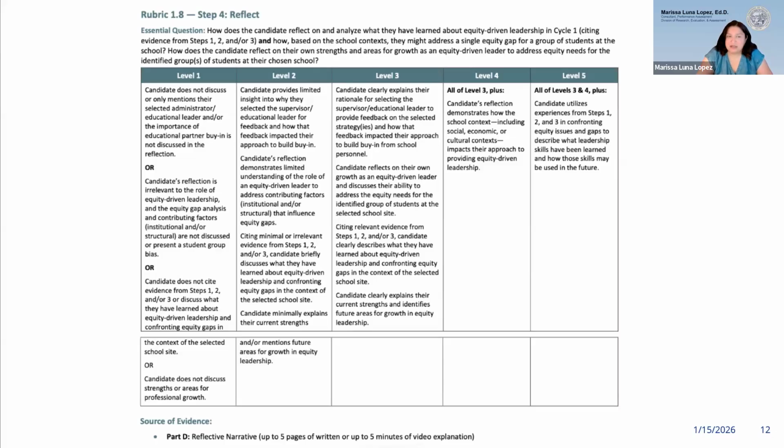So they need to very clearly explain their rationale for selecting the supervisor or educational leader to provide feedback. So in this cycle, the candidate really should be talking a lot with their administration. Now, the word supervisor is a new word for this year, and that was included to be more inclusive of ECE settings.